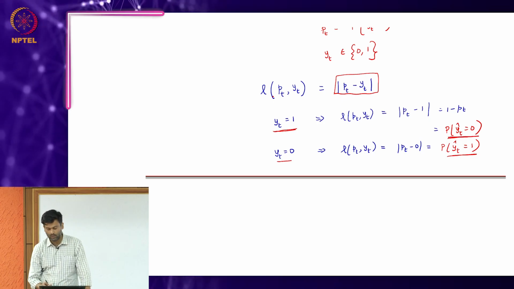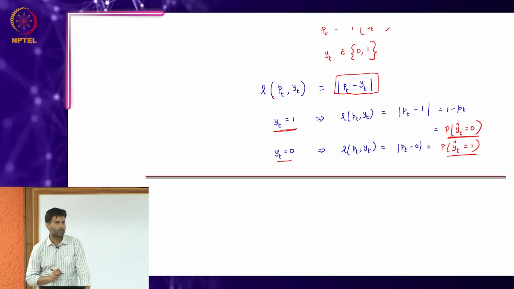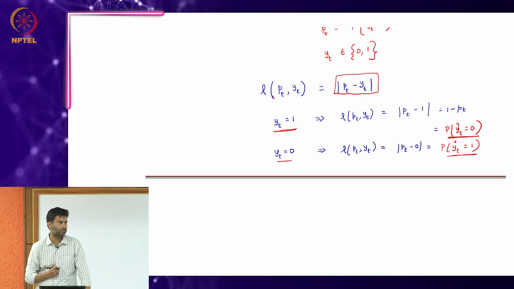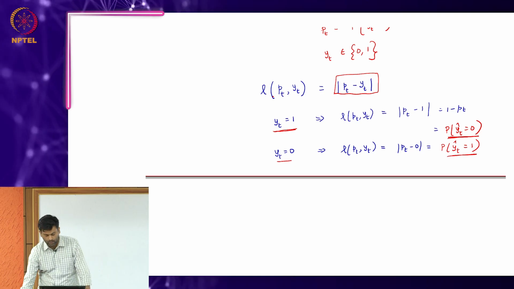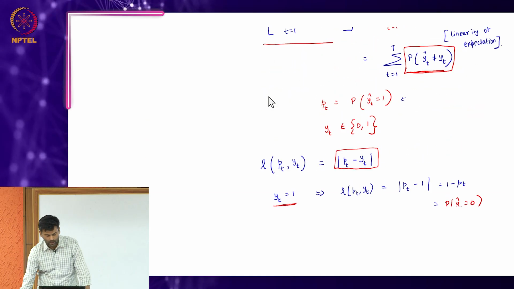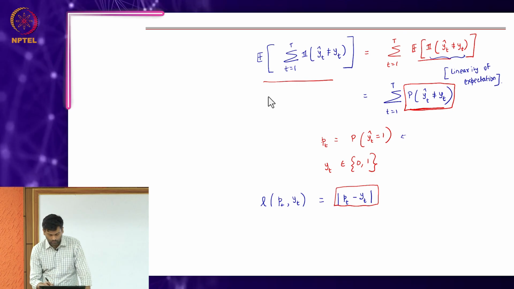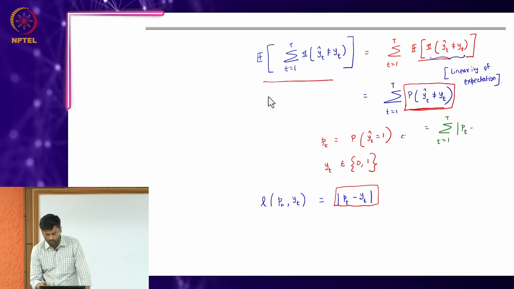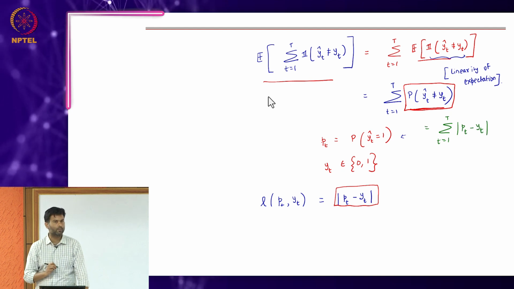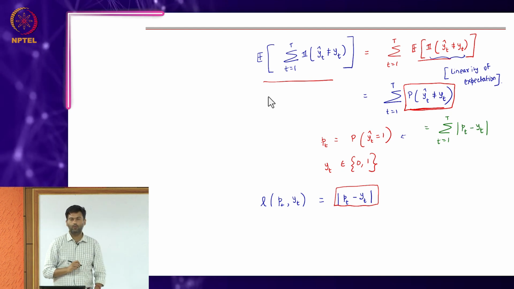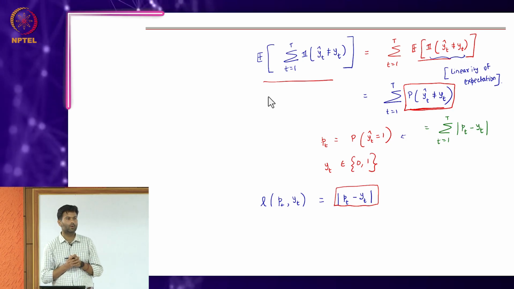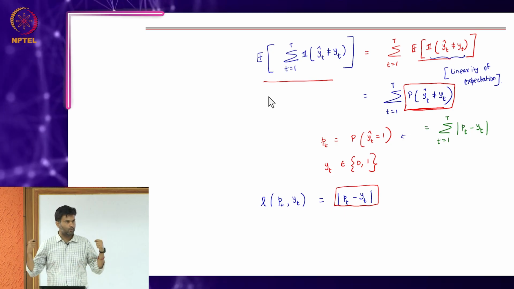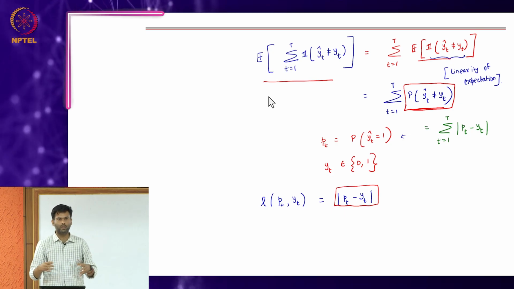If the actual answer is 0, it is the probability that I am saying 1. So basically we are just measuring the absolute value of pt minus yt in each round. So I might as well write this as the sum over t equals 1 to T of the absolute value of pt minus yt. Is this clear? We will see why this is a superpower in a minute, but algebraically is this clear?